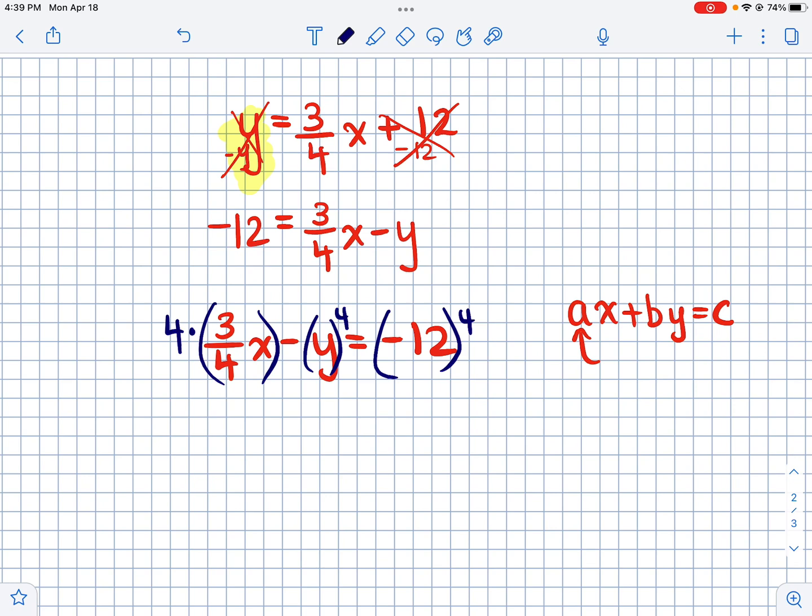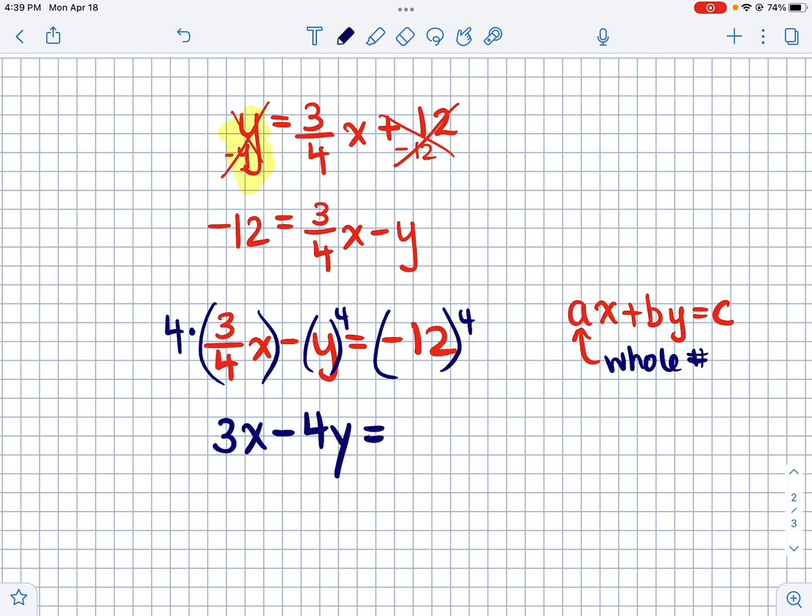So I'm multiplying everything by 4. I'm doing that because 3/4 multiplied by 4 would just be 3. So that first term would become 3x. And yay, now I've made a whole number, which I wanted. Now my negative y will become minus 4y.